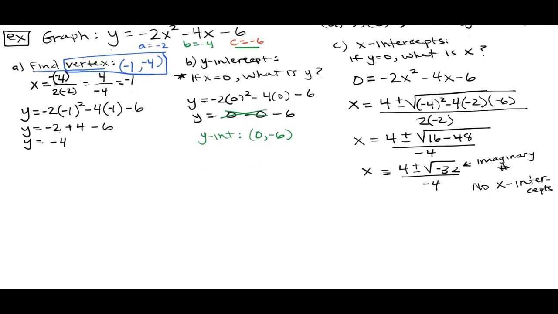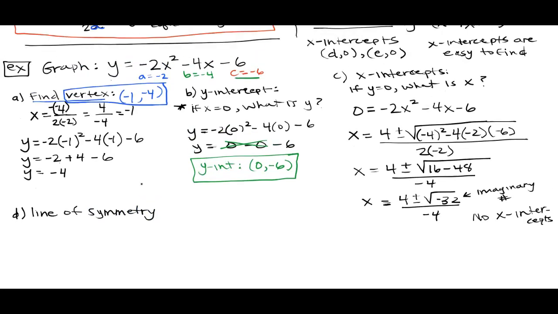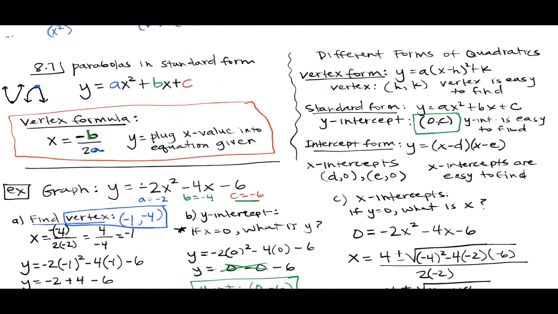So right now all I have is the vertex and I have the y-intercept. But there's one other thing that can help us when we're graphing this, and it's called the line of symmetry. Parabolas are symmetric. So let me go back up here to my little pictures that I drew.